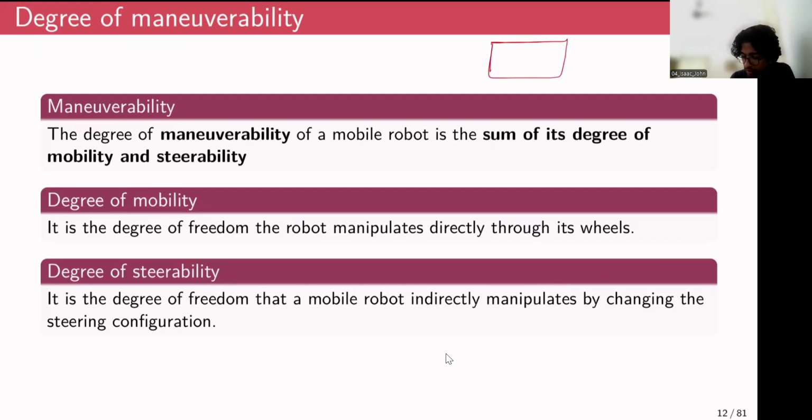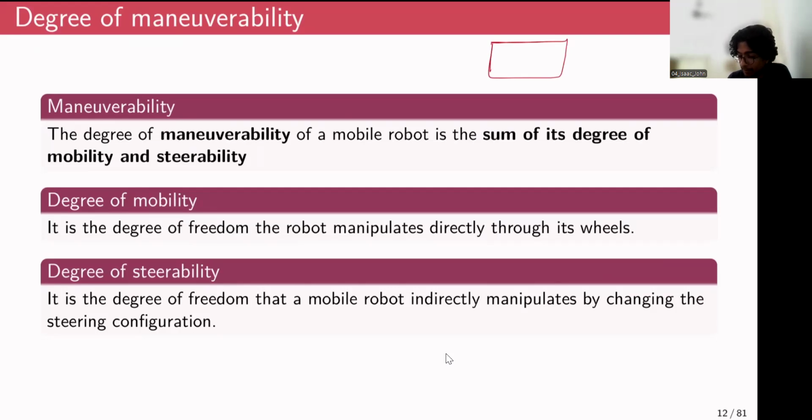But in case of a tricycle-like configuration, very similar to our auto rickshaws, there could be 2 passive wheels at the back. These wheels are neither powered nor steered. But there could be a wheel at the front, and the front wheel could be steerable.